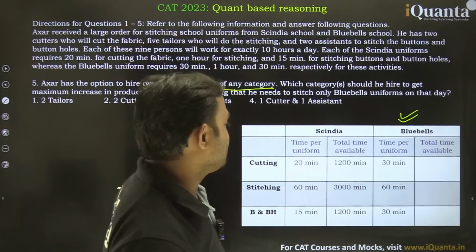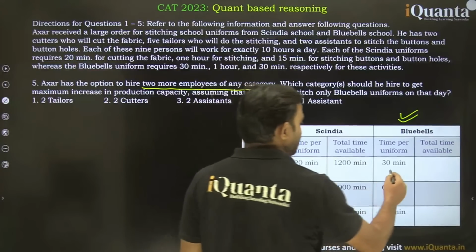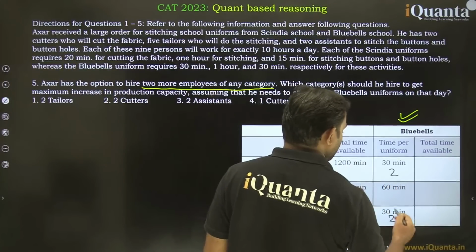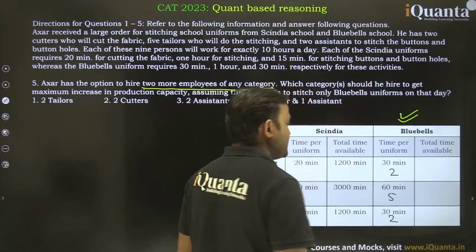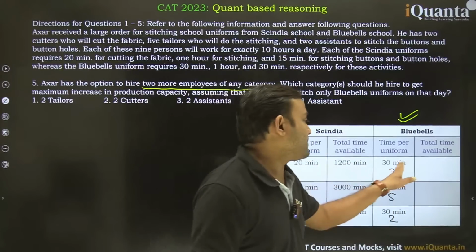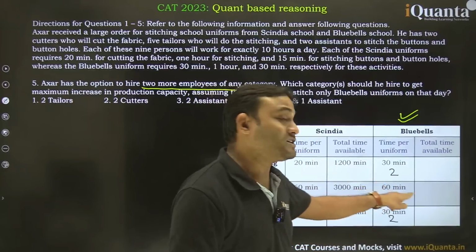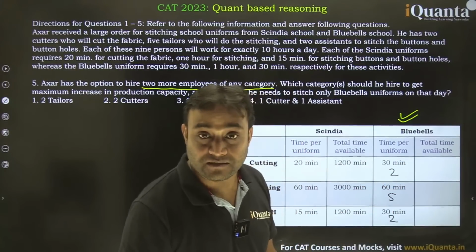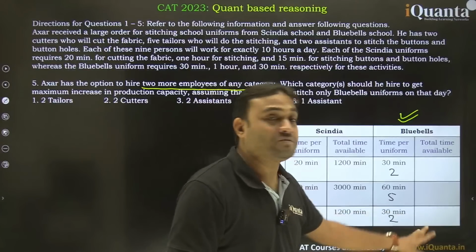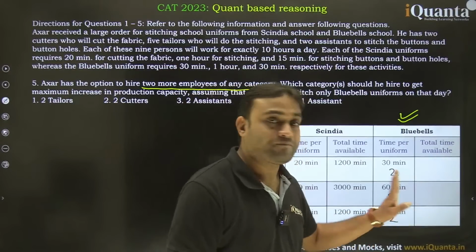Number of persons in this case at this time is 2 and it's 5 here. If it is 252, then 1200 upon 30 they can cut 40 dresses, but the tailors can prepare 50 dresses, and they can also stitch the button and buttonholes for only 40 dresses.